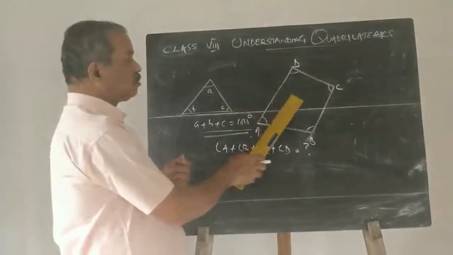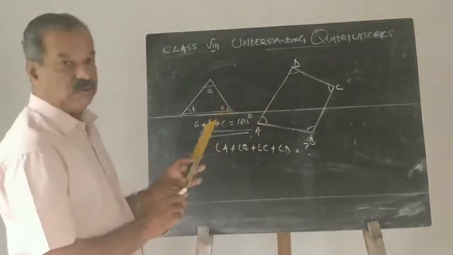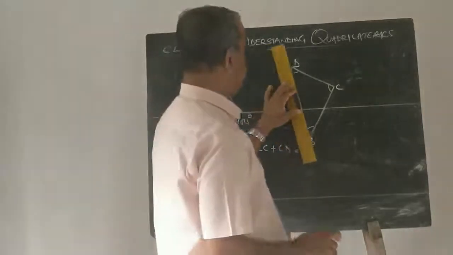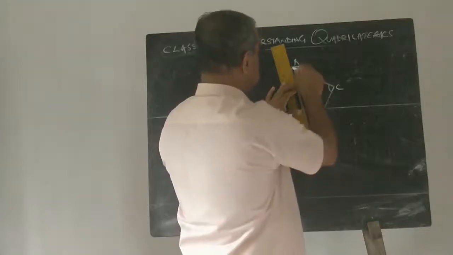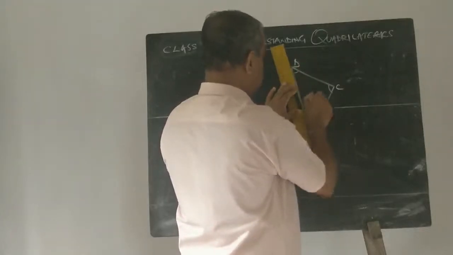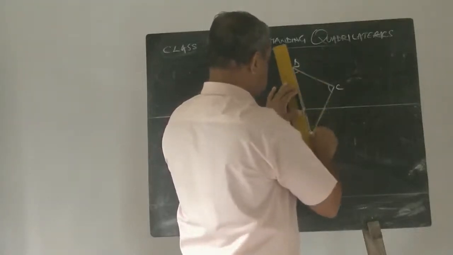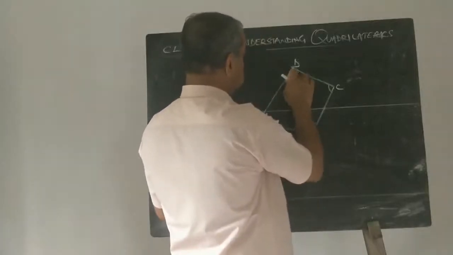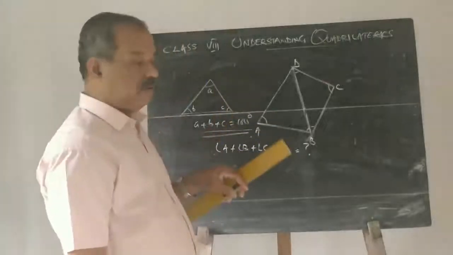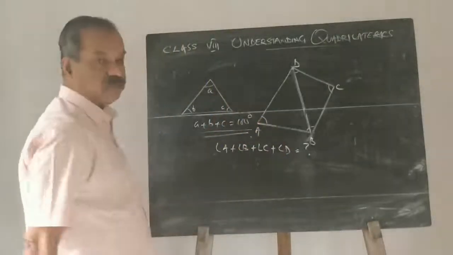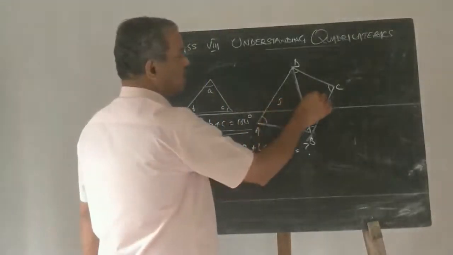We can divide this quadrilateral into two triangles by drawing a diagonal. This diagonal DB divides the quadrilateral ABCD into two triangles, triangle 1, triangle 2.